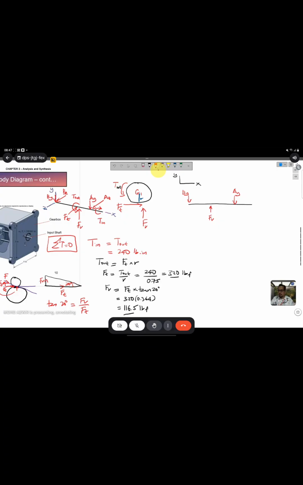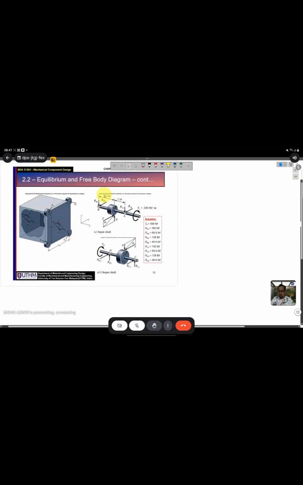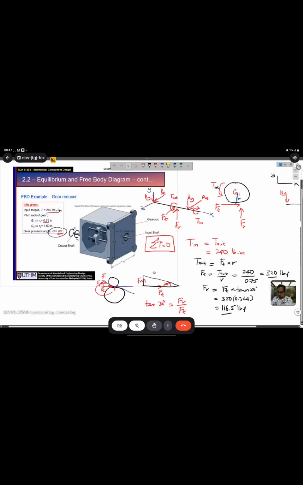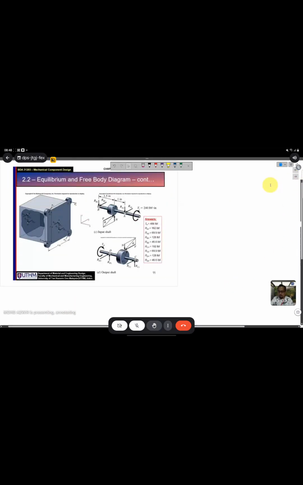Fr, the value is 116.5. And what is the distance? The distance is actually on the next page, which is 1.5 and 1 inch between these two bearings.